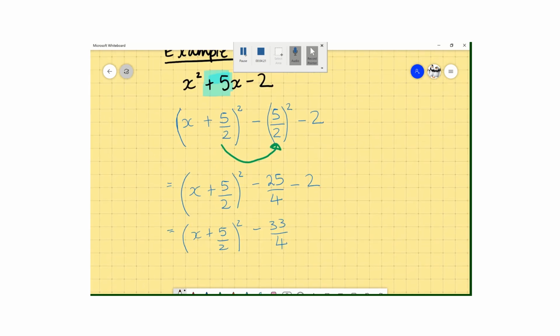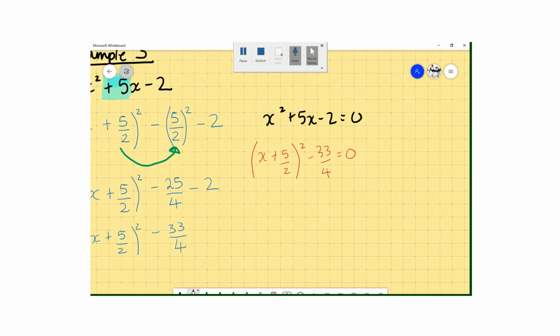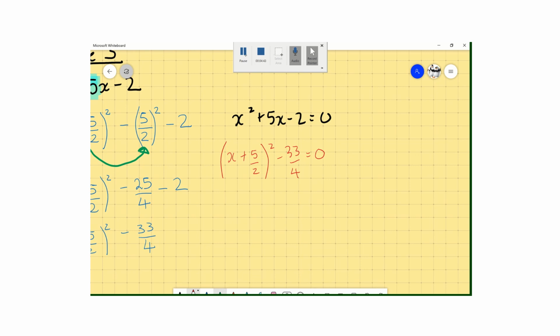So if we are given x squared plus 5x minus 2 equals 0 and asked to solve it, we know that we've completed the square already, and so we've got x plus 5 over 2 all squared minus 33 over 4 equals 0. So first thing I'm going to do is to add the 33 over 4 to both sides.